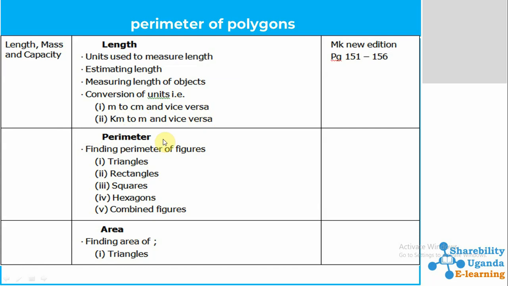So that's why we have now come up with our next topic, which is perimeter. We shall also be looking at finding the perimeters of these shapes: triangles, rectangles, squares, hexagons, then combined figures. Then after, we shall look at the area of these shapes.